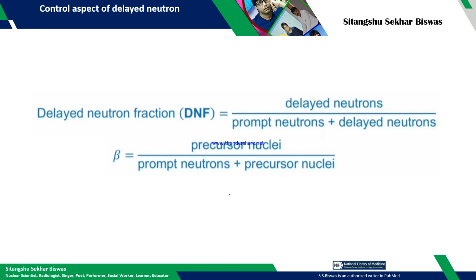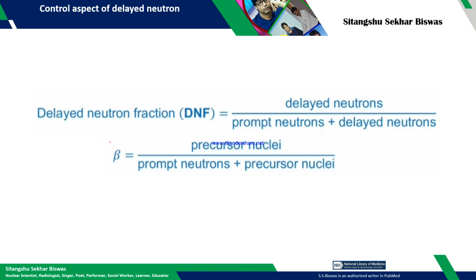So it is very difficult, and I have shown one typical example: if a nuclear reactor is populated only with prompt neutrons, and due to some transient condition the effective multiplication factor slightly increases, then within a fraction of a second the neutron population will increase in an uncontrollable way, and this will be a very difficult condition.